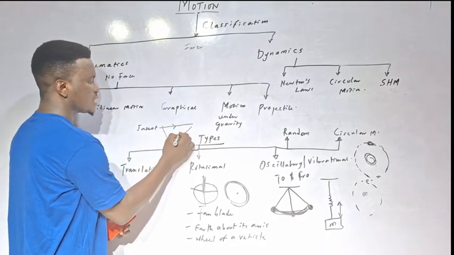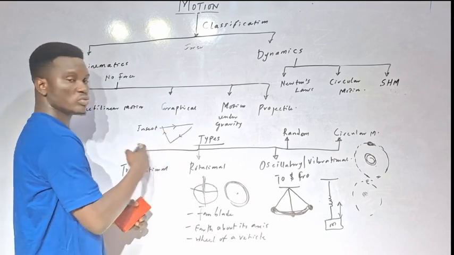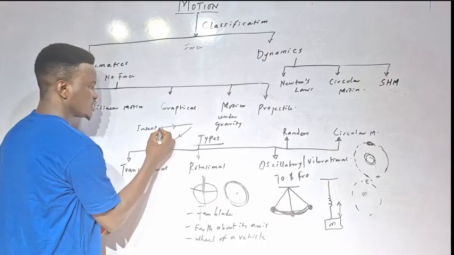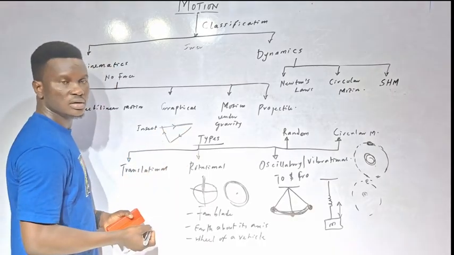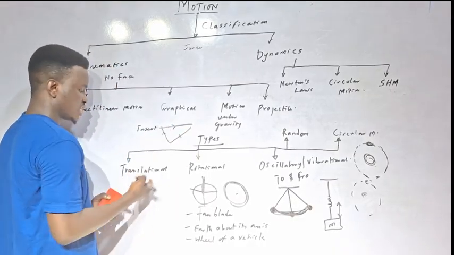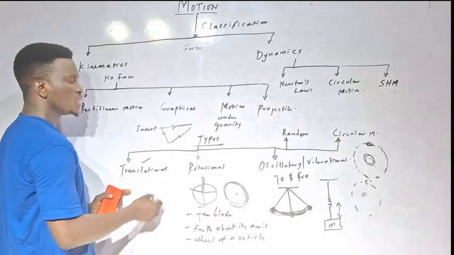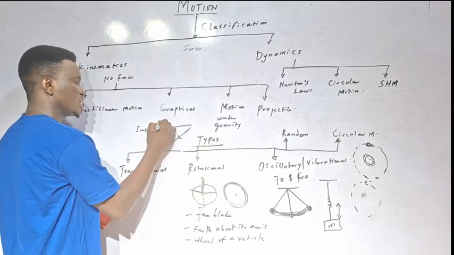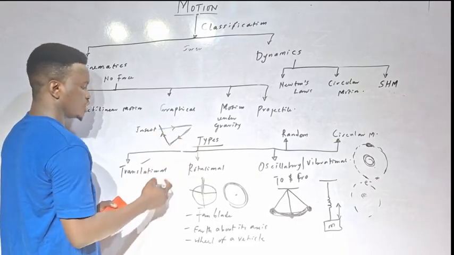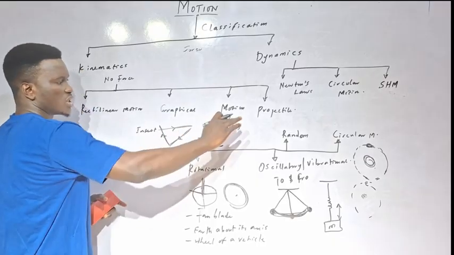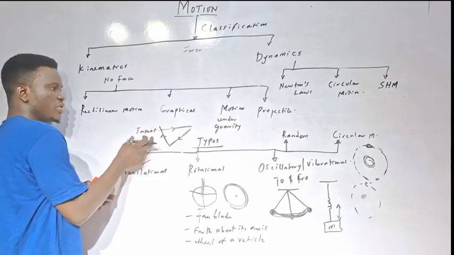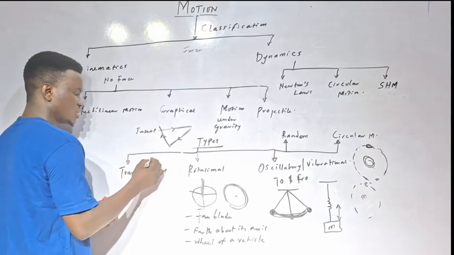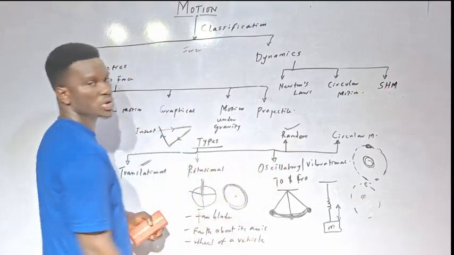As this insect is moving, you can see that it's moving along a straight line. When something moves along a straight line, that is translational. But it changes direction again, still moving along a straight line. So it's moving at random, but it's also moving along a straight line. So the movement of that insect is a combination of both translational and random motion.